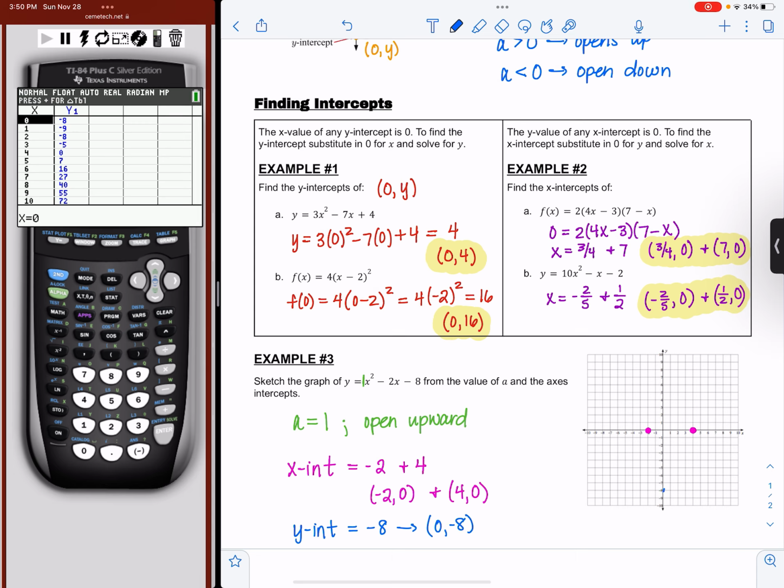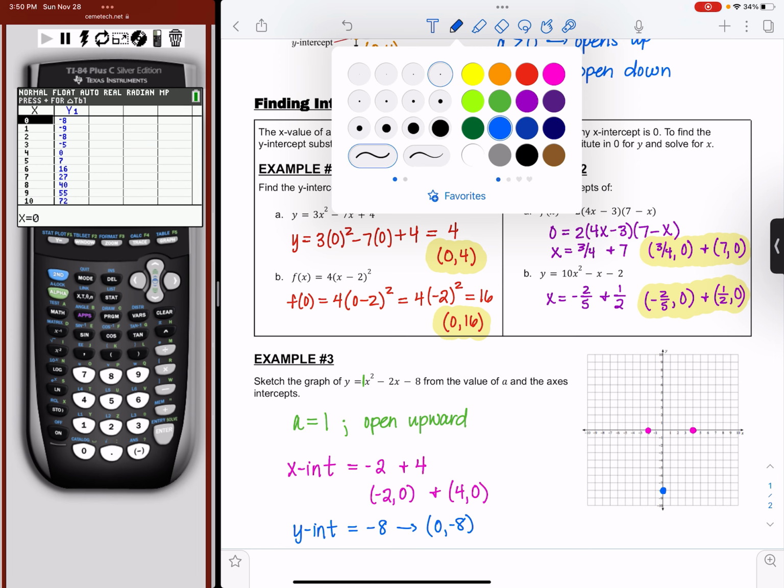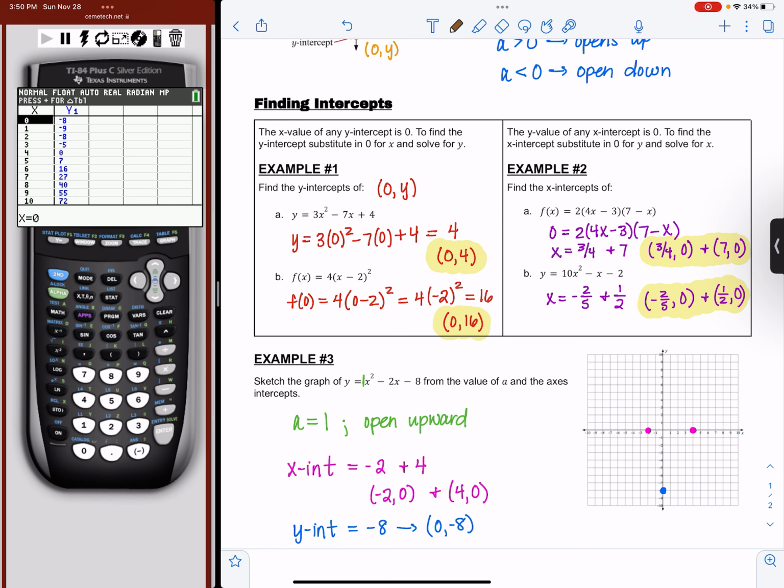When I plot that one, that is what I get there. And then you can always look at the table and plot other points as well. I know that when x is -1, y is -5, so I'm going to plot that point.